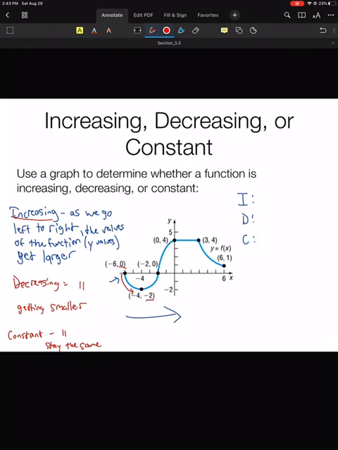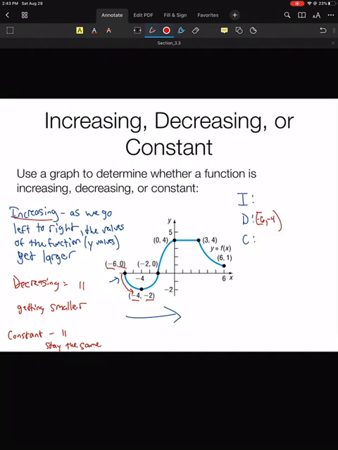In that interval, from -6 to -4, it's decreasing. And so what I'm going to put here is a bracket, -6, then a comma, then -4, and then I'm going to put an open parenthesis.